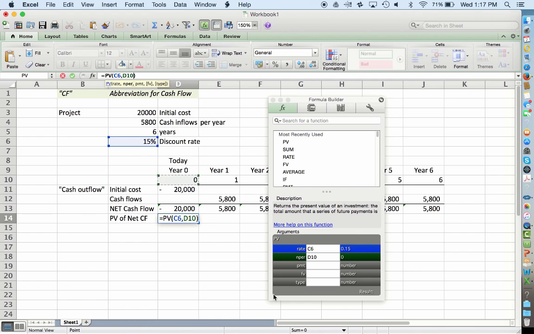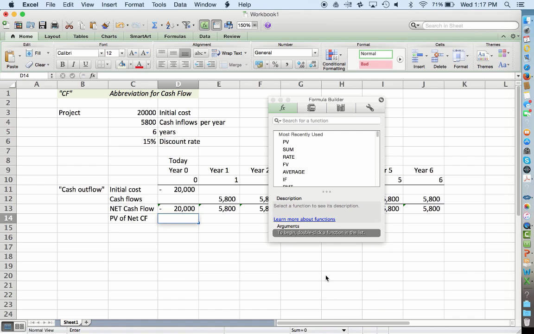This $20,000 is not a payment. It does not reoccur. It is one time. So these present values we're going to be doing for single sums, which means you enter the $20,000 as a future value. Okay. No, and I did that wrong.